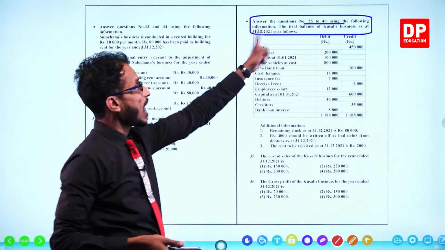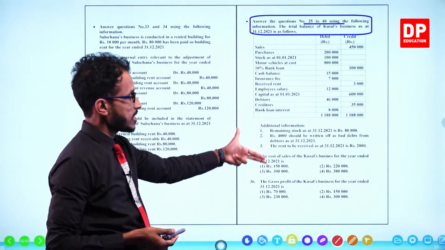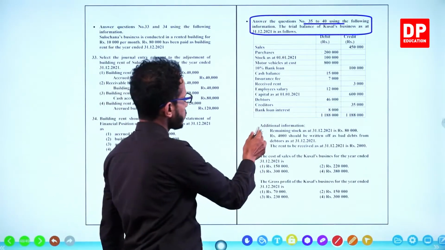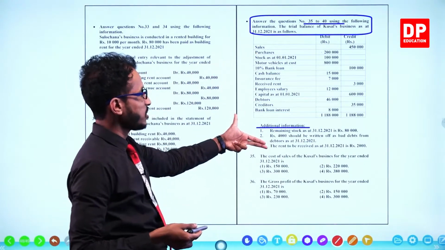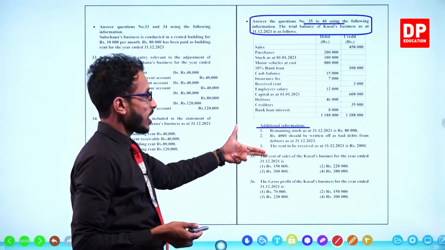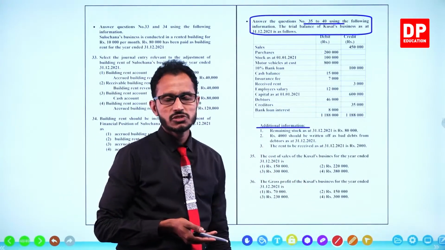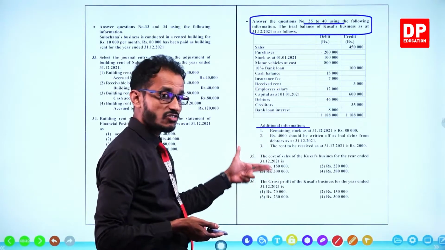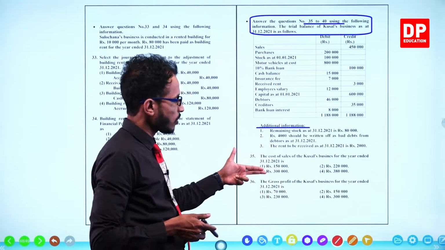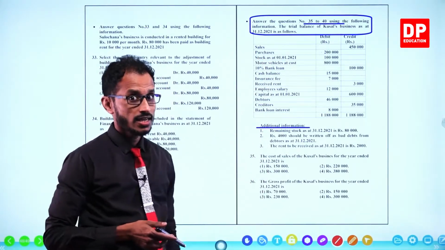They are saying to answer using the trial balance and the adjustments, the additional information, which is given in relation to financial statements of a business, and you have to answer 35 to 40 out of these.